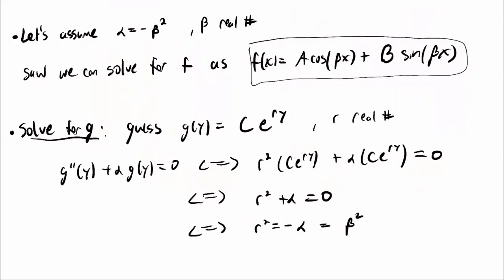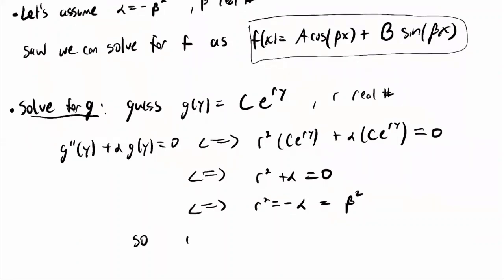And so this is consistent, because beta squared is positive and r squared is positive, so I can always solve this. In particular, this tells me that r is plus or minus beta works. And so I can take either c times e to the beta y or c times e to the minus beta y, and both of those will give me solutions.